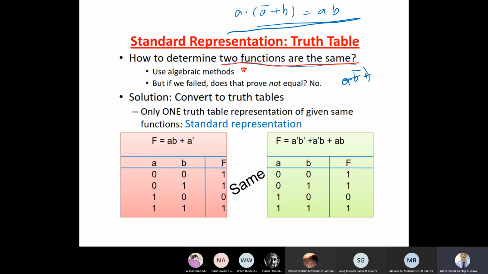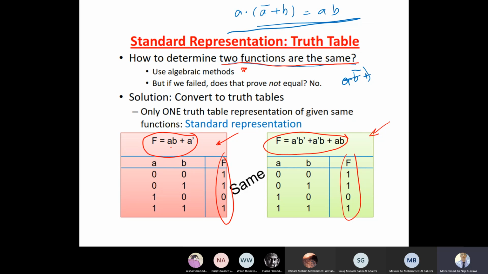So any truth table. See, for example, this function and this function have the same truth table. Am I correct? That means instead of implementing this function, you need to implement this function. Why? Because there are fewer gates.